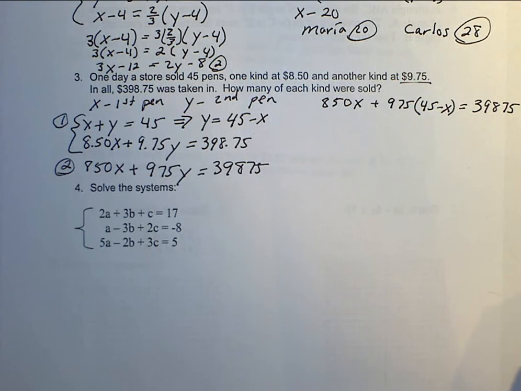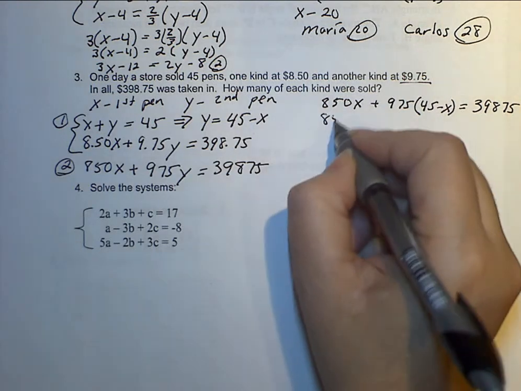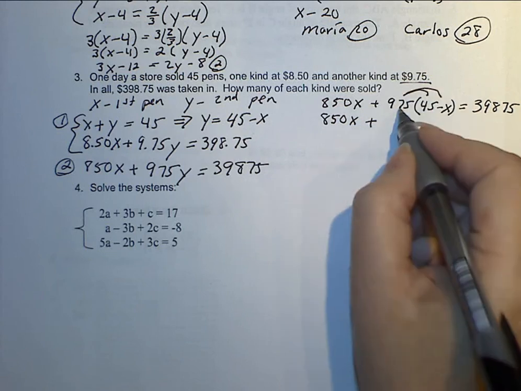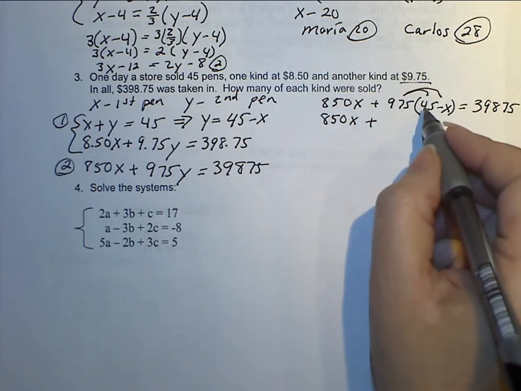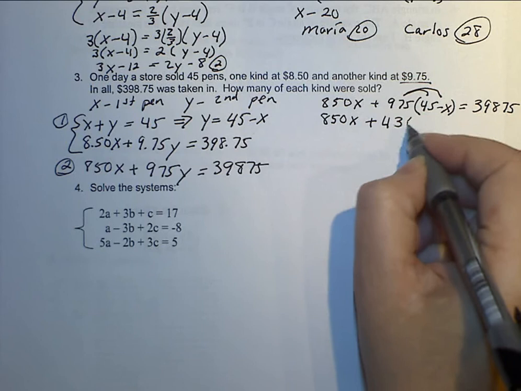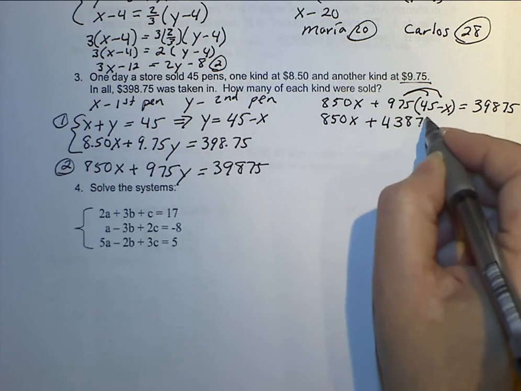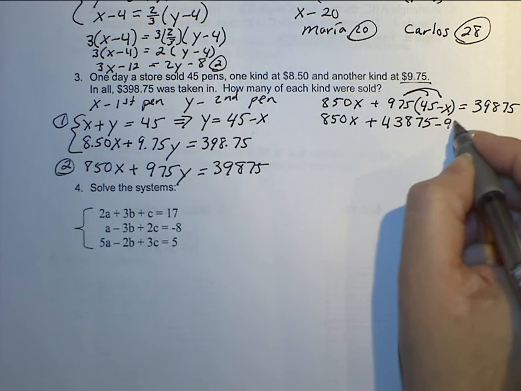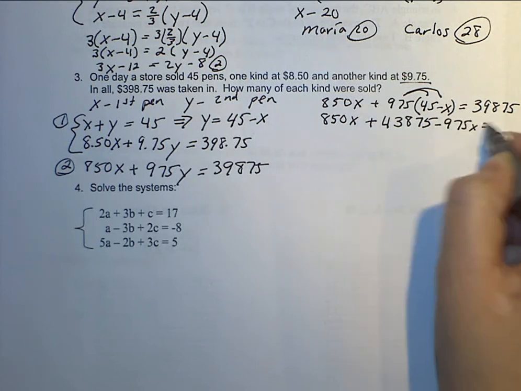Then distribute. So I have 850x plus, multiplying these here, 975 times 45 gives me 43875 minus my 975x is equal to 39875.